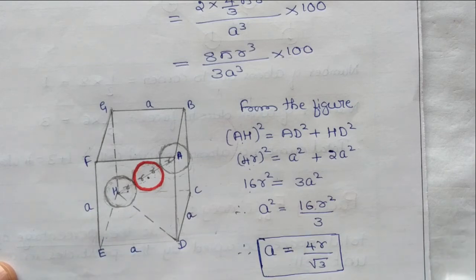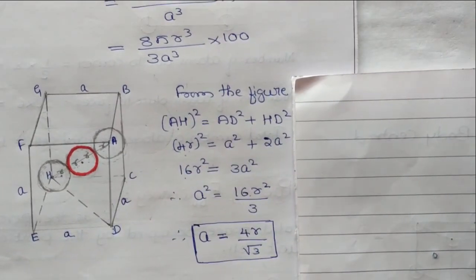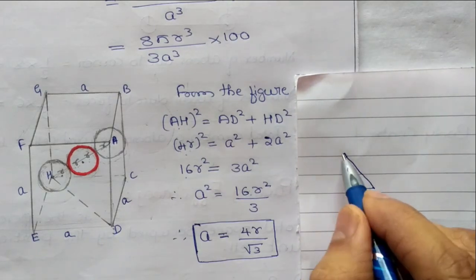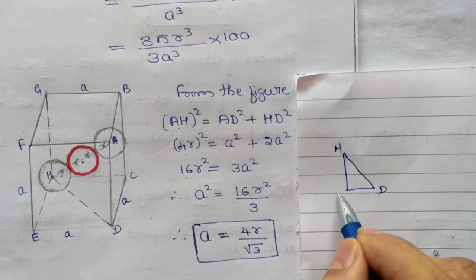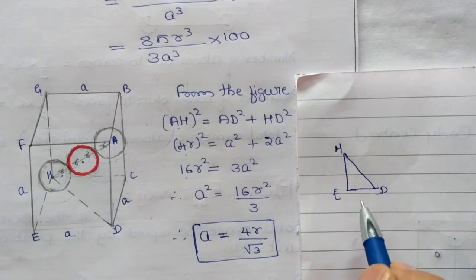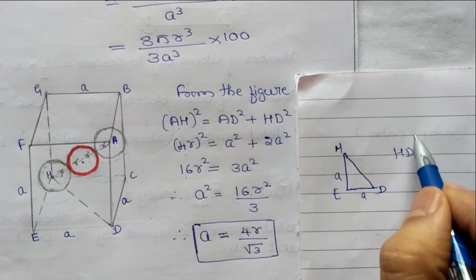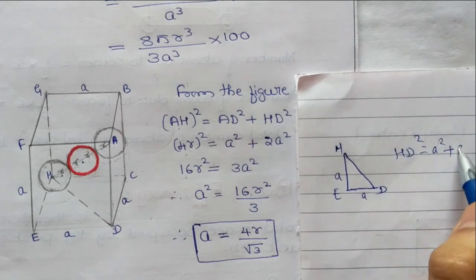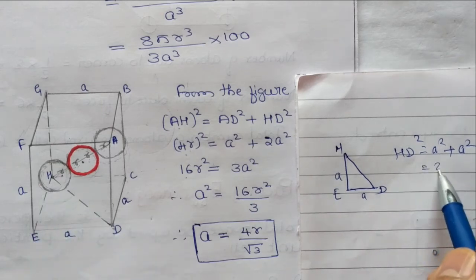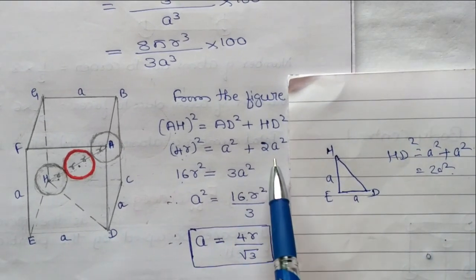If I take this right angle triangle, with H, D and E here, this edge length is a and this one is also a. Therefore HD square equals a square plus a square. It is a right angle triangle, so that is nothing but 2a square. HD square equals 2a square. So that we have substituted.